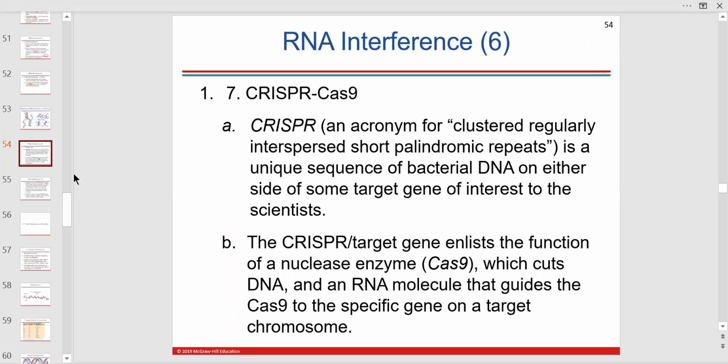Okay, now this is really cool. Two ladies, I always forget their names, but they just won a Nobel Prize in science, genetics, for using what's called CRISPR, clustered regularly interspersed short palindromic repeats. So just remember CRISPR, right? And they found it using bacterial DNA.